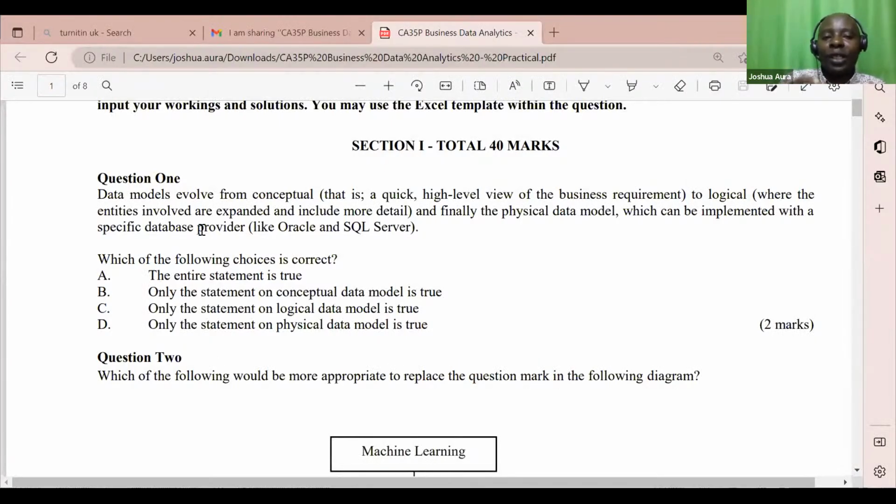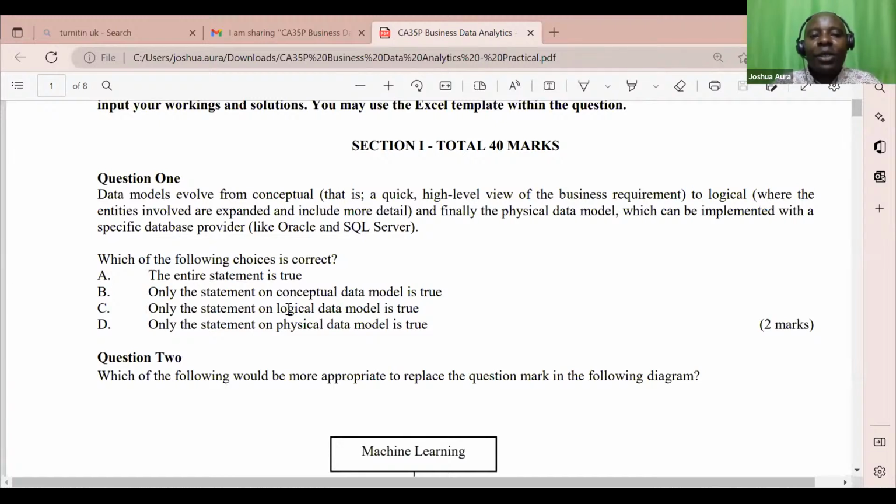So then, ladies and gentlemen, I would want you to help me answer this question. If you are a student doing this exam, which multiple choice would you have gone for here? Is it that the entire statement is true, as part A? B, only the statement on the conceptual data model is true, that data models evolve from the conceptual, that is a quick high-level view of the business requirement.